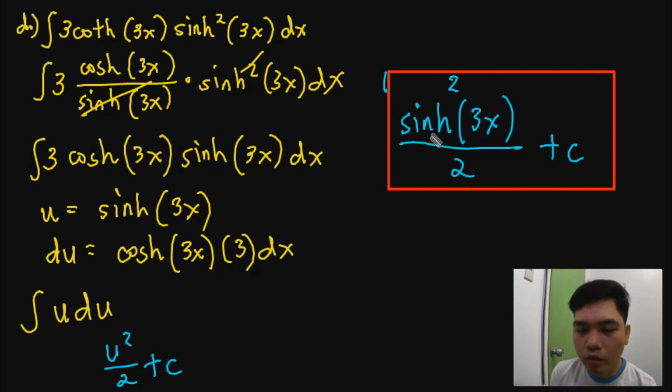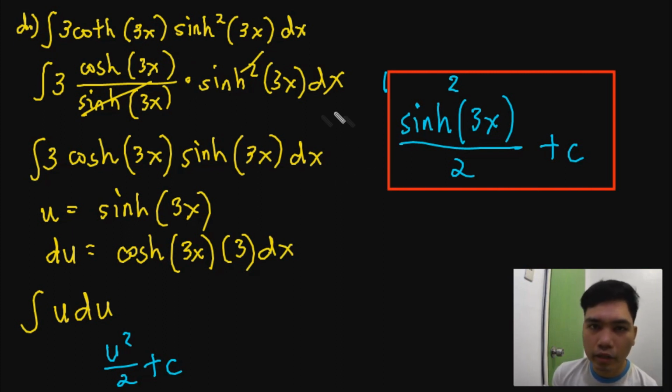The 2 cancels out, leaving hyperbolic sine of 3x, and if you differentiate that, you will get hyperbolic cosine of 3x times 3. Now you can rewrite that in terms of hyperbolic cotangent, but make sure that you square the hyperbolic sine of 3x. That's why it results in the same integral.